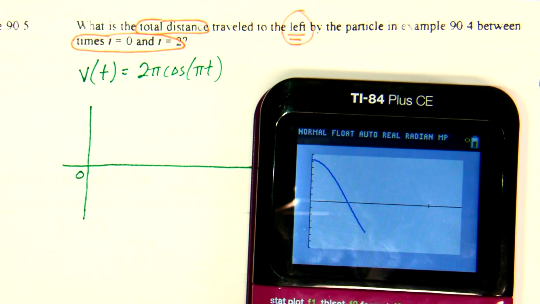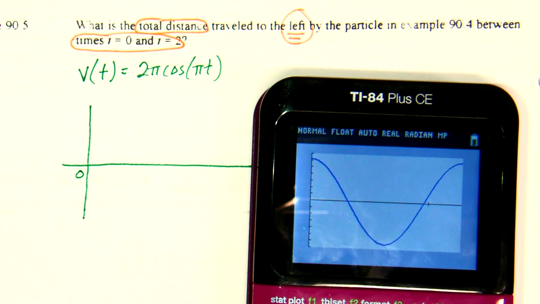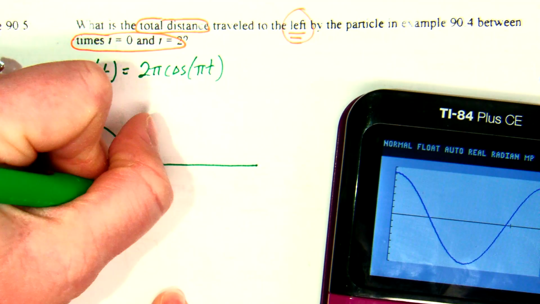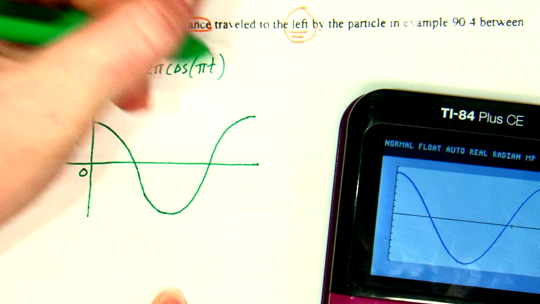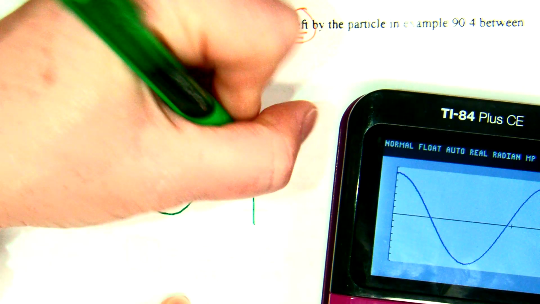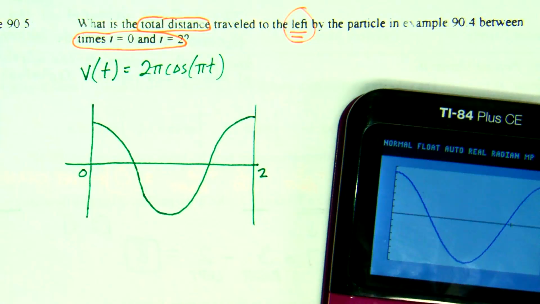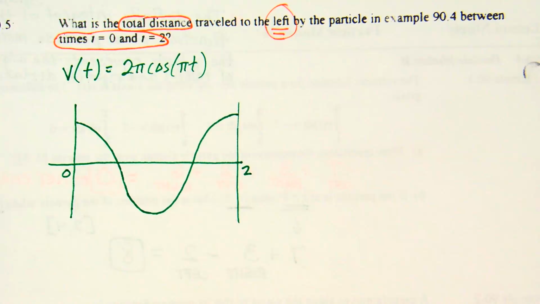If I change that from 0 to 2, notice, what do we have here? A big old cosine curve. Okay, so from 0 to 2, we have a big old cosine curve happening.